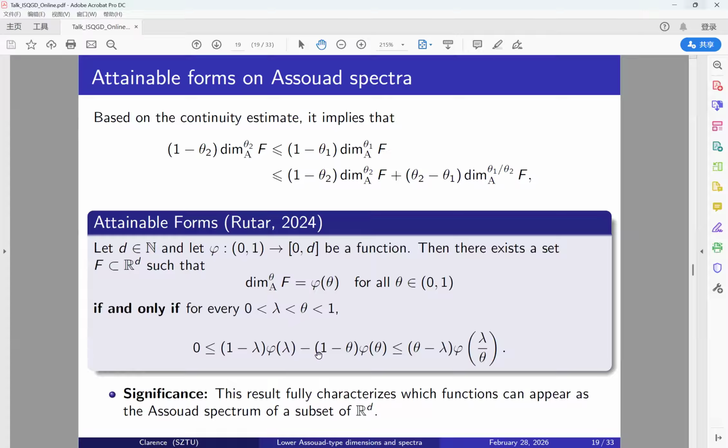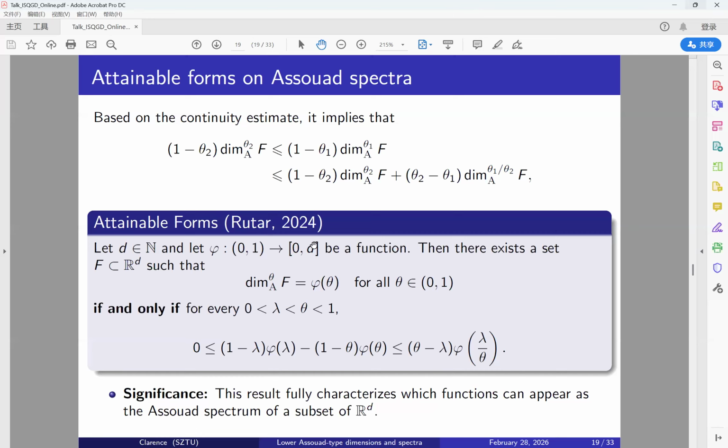He proved that for any phi satisfying this, there is a set F such that the Assouad spectrum of F at theta is phi of theta. This is an important result for the characterization of the Assouad spectrum, since it fully characterizes which functions can appear as the Assouad spectrum of a subset of R^d.